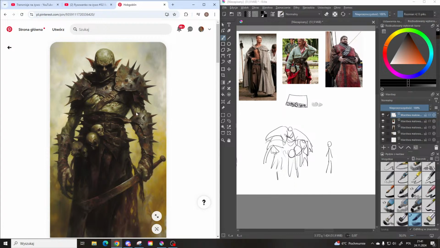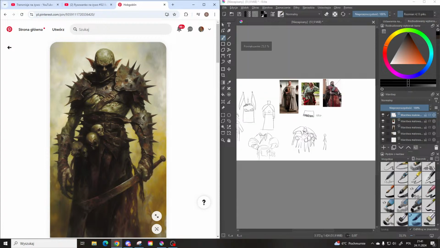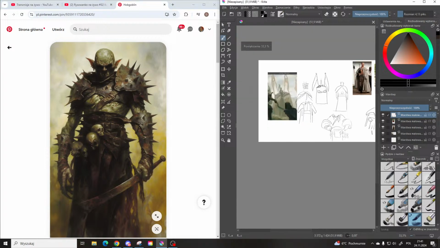This is kind of cool as well. I mean, this is more the approach of those Mordor, Lord of the Rings orcs with their metal armors. I don't 100% want to repeat that, and definitely I'm not that much into this kind of spikes in the design of orcs. It's too obvious, I think.